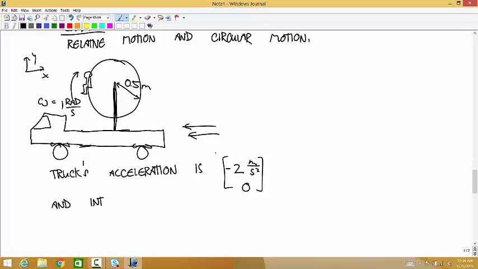And the truck's instantaneous velocity, so this is just a snapshot taken by the newspaper or whatever, at this instant, the instantaneous velocity vector of the truck is, let's go with negative 20 meters per second, 0.